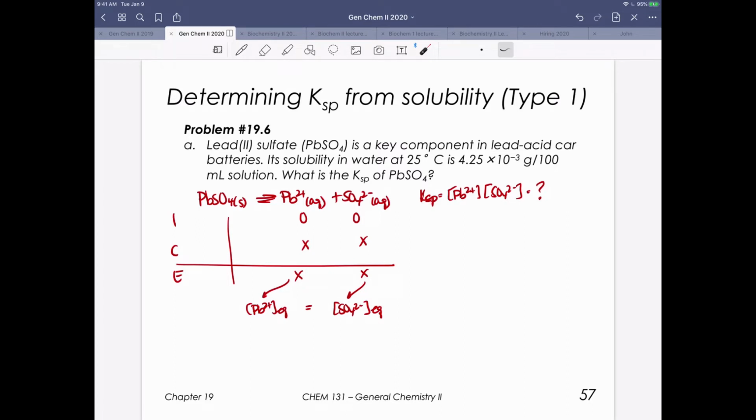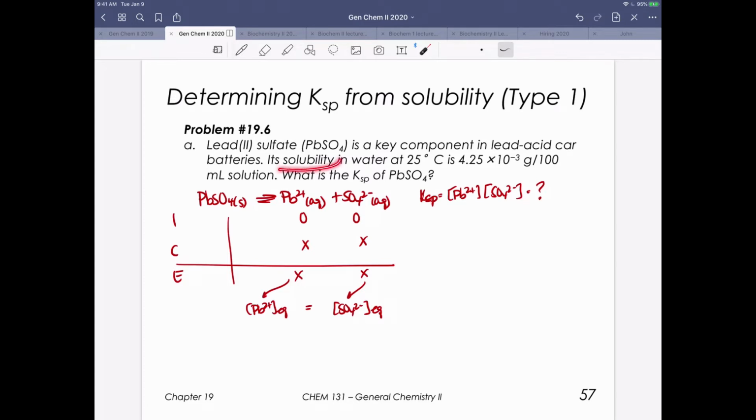For this problem, though, we're going to start with no ions from any other solutions initially. So we're asking how much are we making of these? So this is really a plus x and a plus x. So x is going to be equal to the equilibrium concentrations of each of these, and x is really also equal to the amount of lead sulfate that has dissociated.